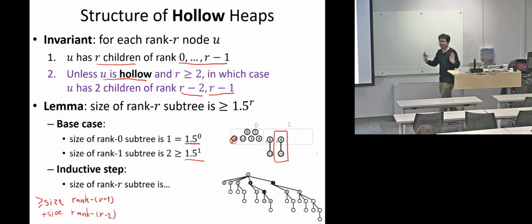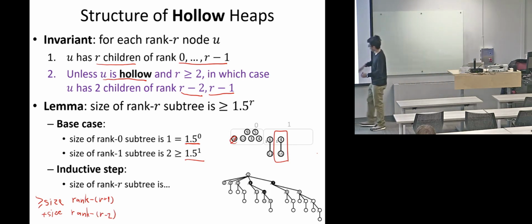At least, right? Because this guy will have the ranks r minus 1 and r minus 2. It might have more, but we just want a lower bound.